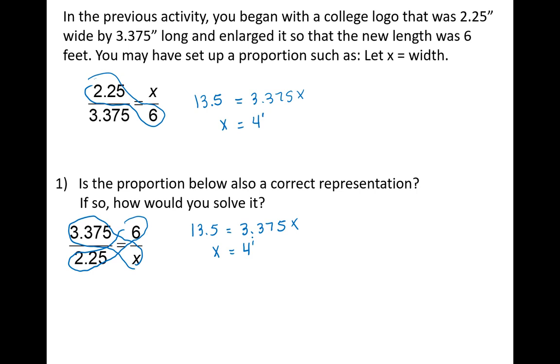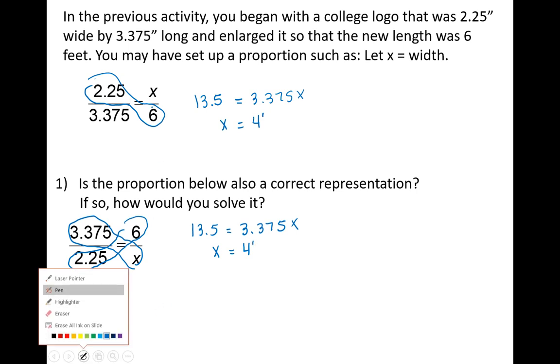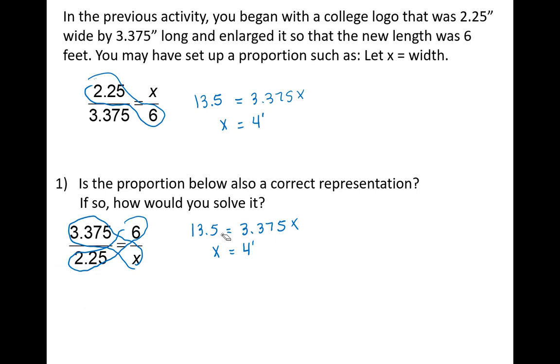So how can we take a proportion and rearrange it? I'm going to kind of erase all of this, and I want to just show you all the different ways you could take this and rearrange it.